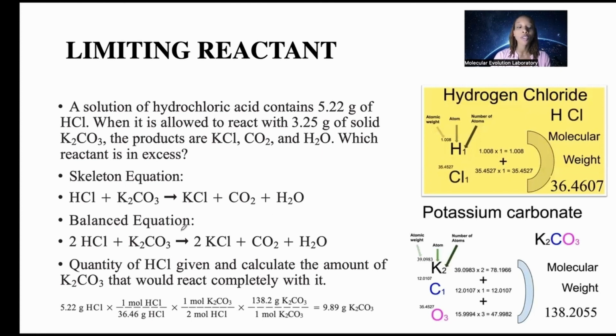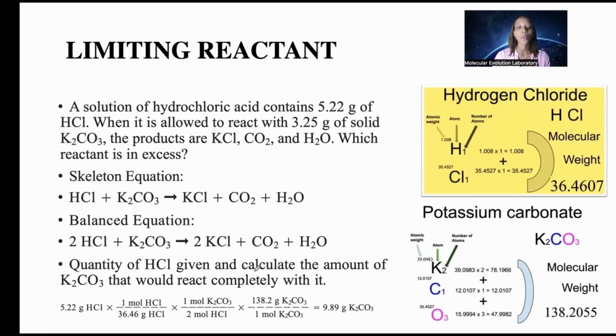The first thing you need to do is to balance the equation. So with a balanced equation, we'll have 2 HCl plus K2CO3, which gives you the products 2 KCl plus CO2 plus H2O. Take the quantity of HCl given and calculate the amount of K2CO3 that would react completely with it.